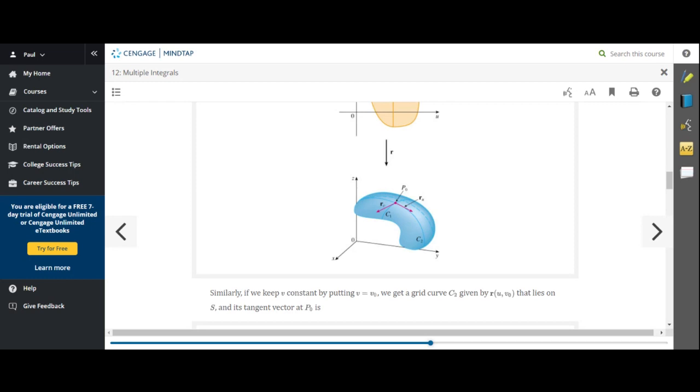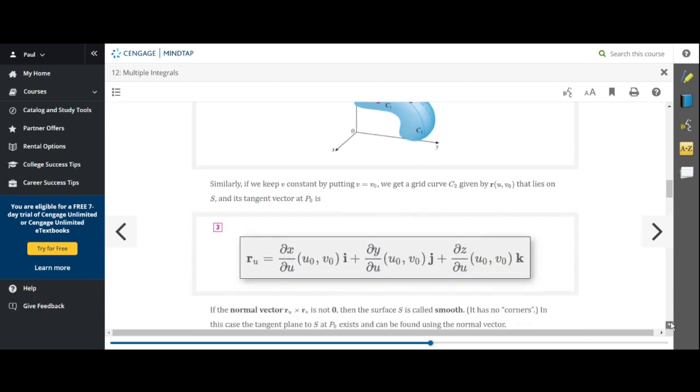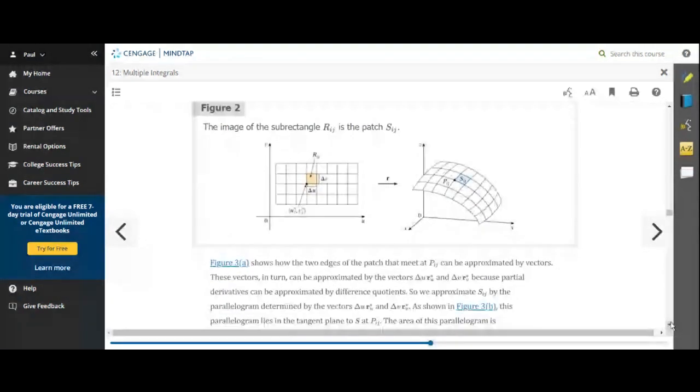Now what we want to do is find the surface area of a surface that looks like this. How would you do this? It's natural to think of, in Figure 2, you have on the right a surface, and it's like a quilt, and the quilt has different patches on it.